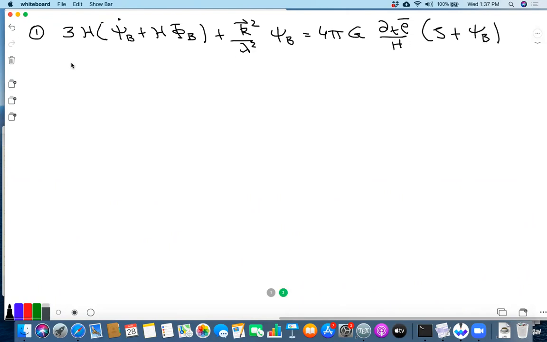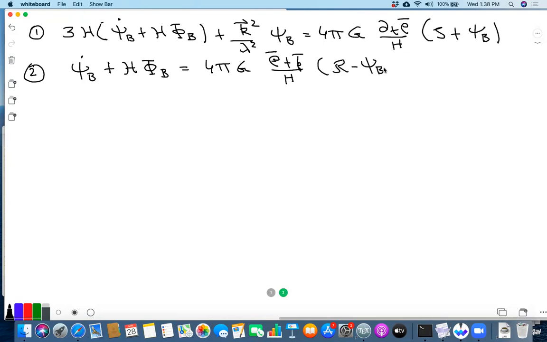H is always lambda dot over lambda. That's understood. And because sigma tilde is 0, this is 0.